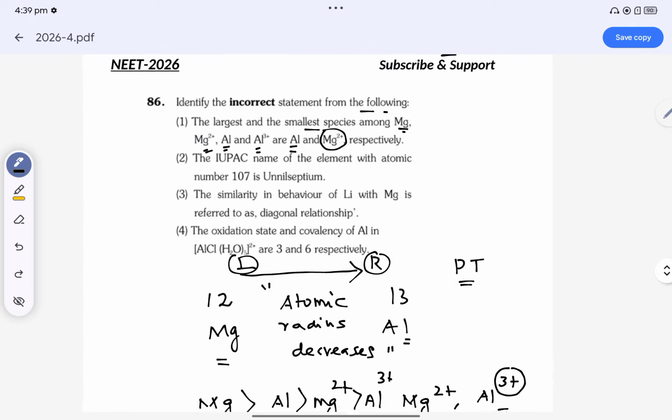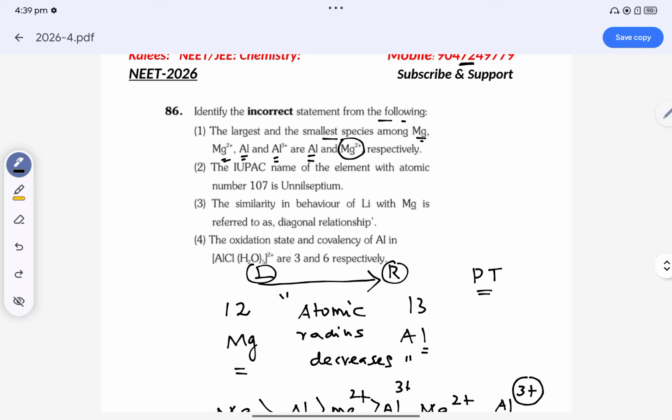But what is the option they had given? Absolutely wrong. So, IUPAC is the name of the element with atomic number 117.